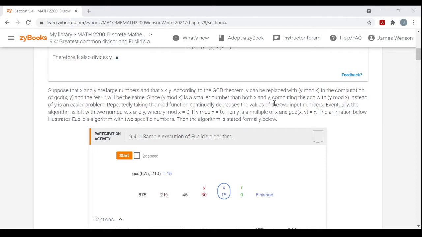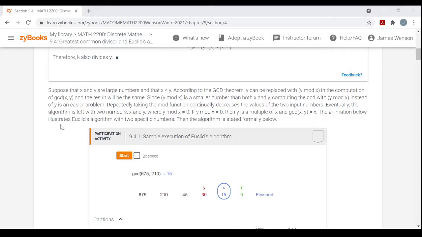Right. And eventually the algorithm is left with two numbers x and y where y mod x is 0, right? So basically where y is a multiple of x. And if that happens, then the greatest common divisor of x and y is x, the smaller of the two.